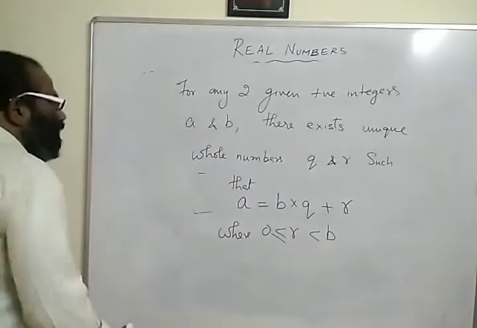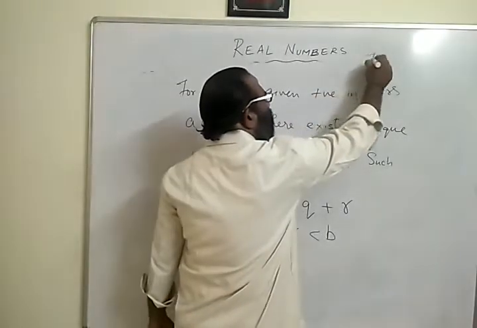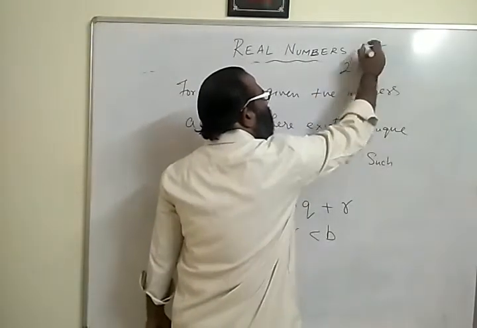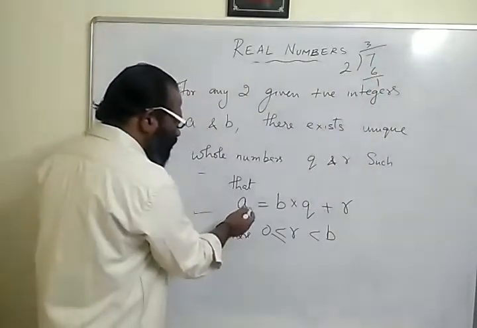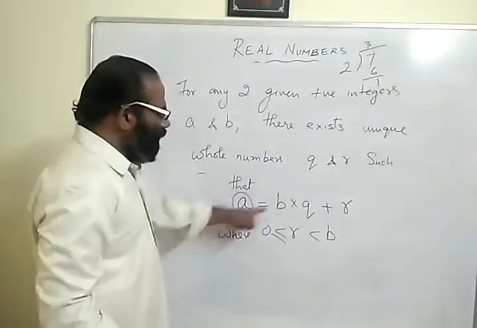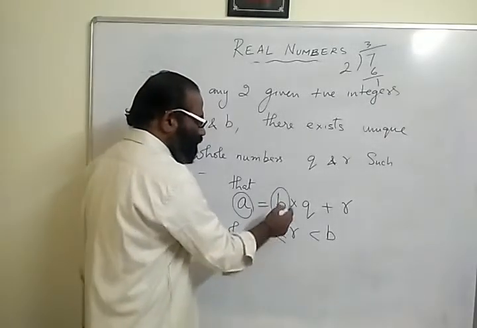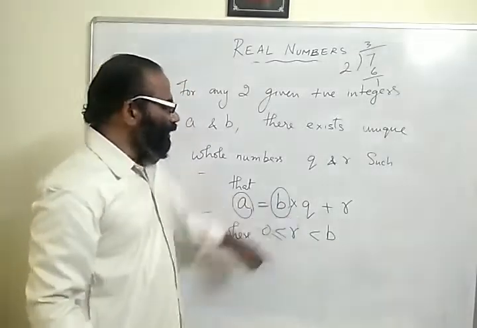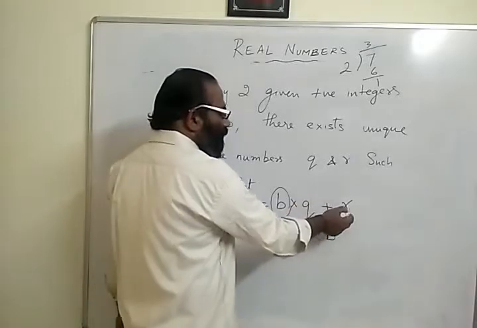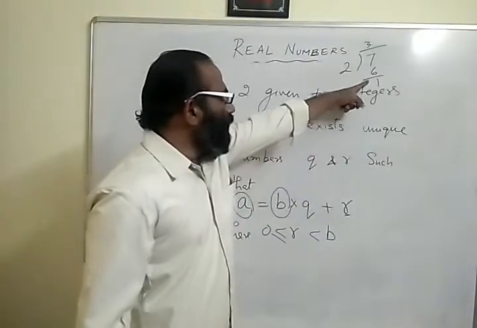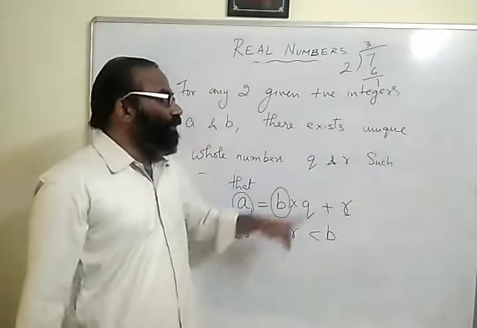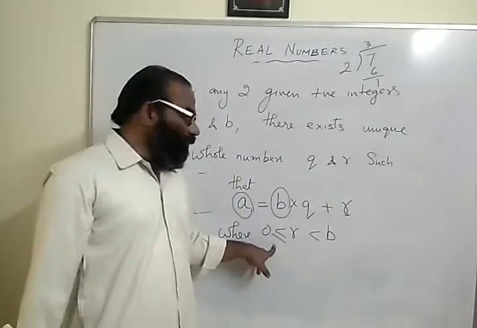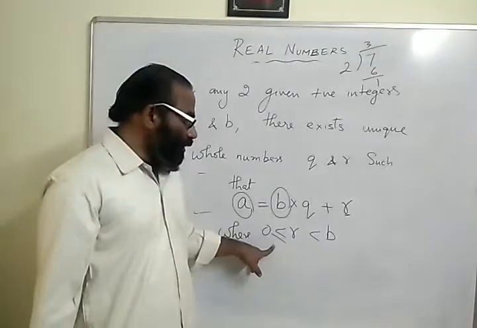So if you see, we did this, right? 7, 2 3s are 6, 1. So 7 is the A here, the B is the 2, and the Q is 3, and the remainder R is 1. In this one, R can be 0 when it is a perfect factor. It's a factor of this thing, so the remainder becomes 0.